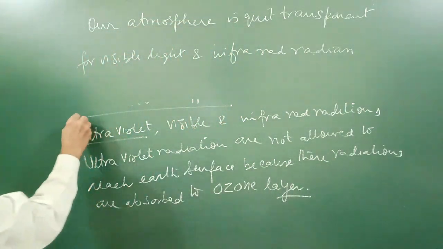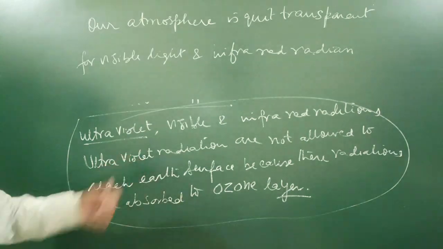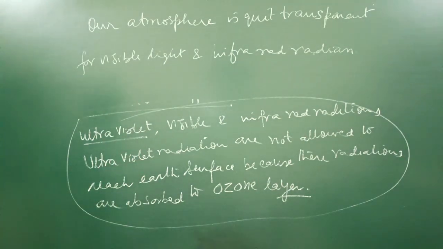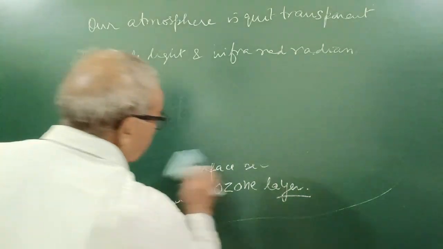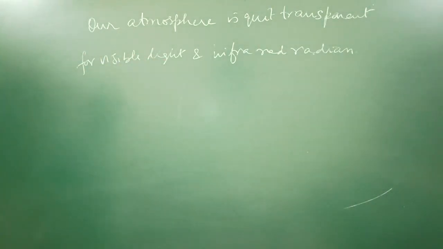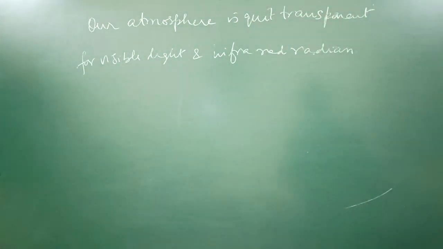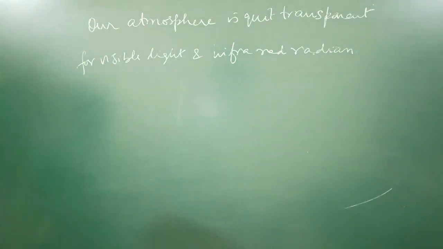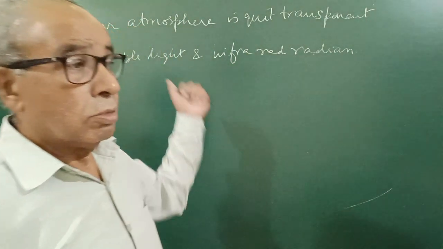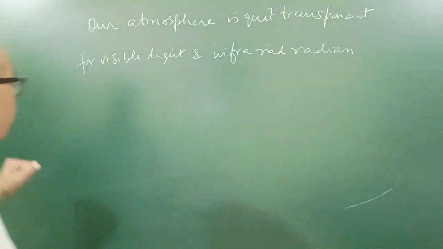Actually, this process is not the greenhouse effect. I have to tell you this; what the greenhouse effect is will come now. So we are getting heat and light from the sun because our atmosphere is totally transparent for the radiation coming from the sun. It is opaque for ultraviolet radiation.